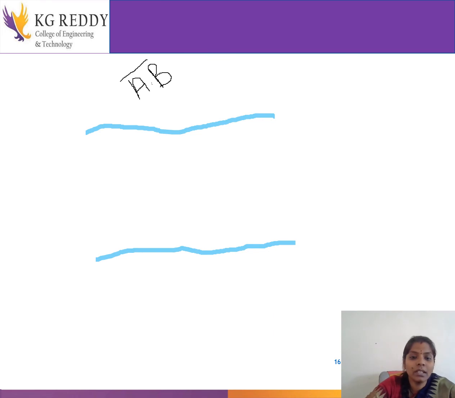Before I draw this, I'll show you how the circuit is represented. It is something like this. We are designing A dot B bar.